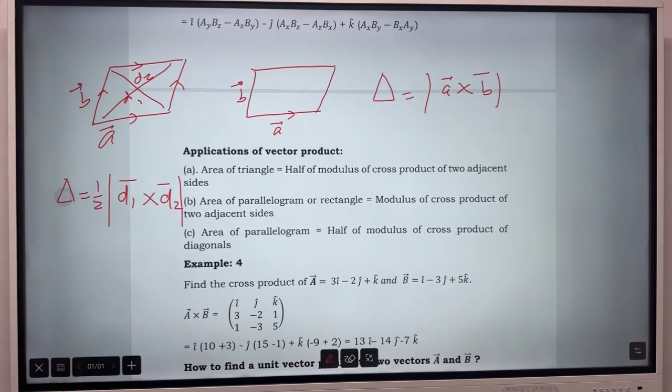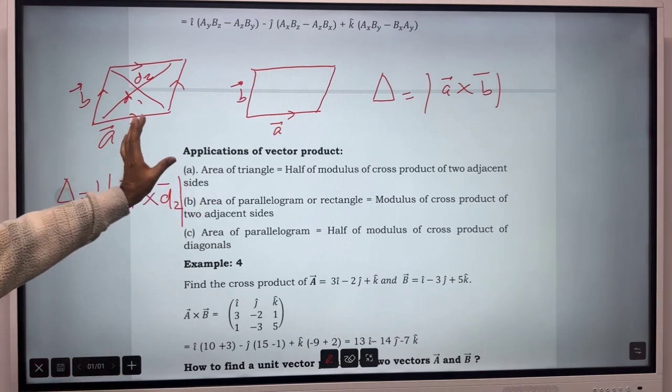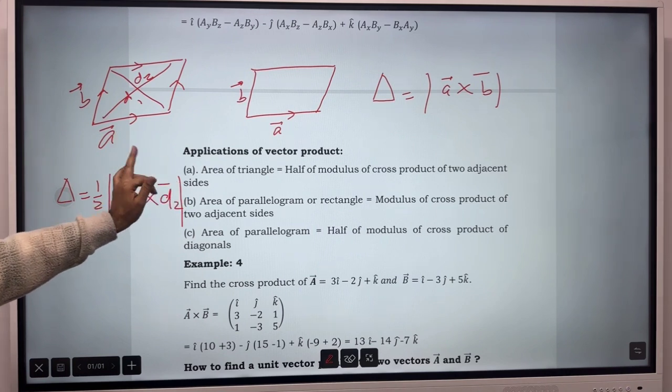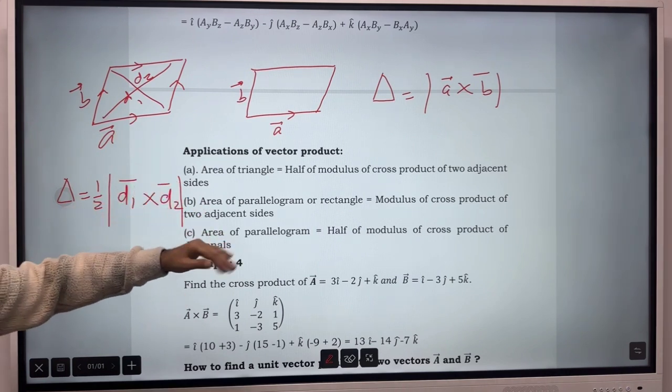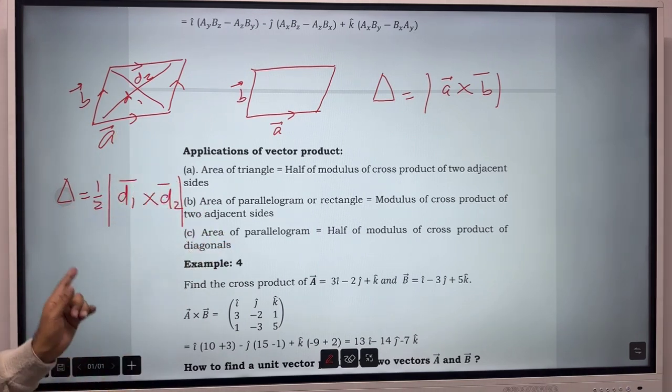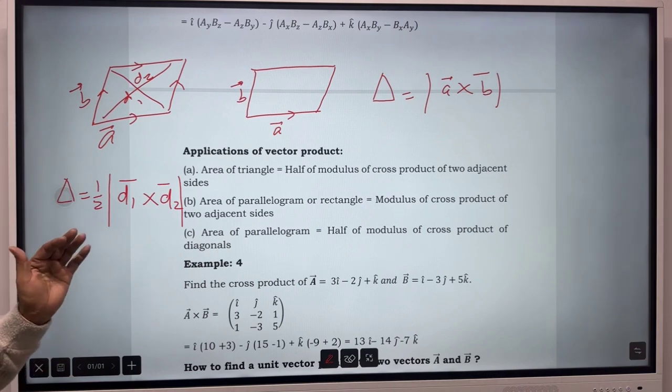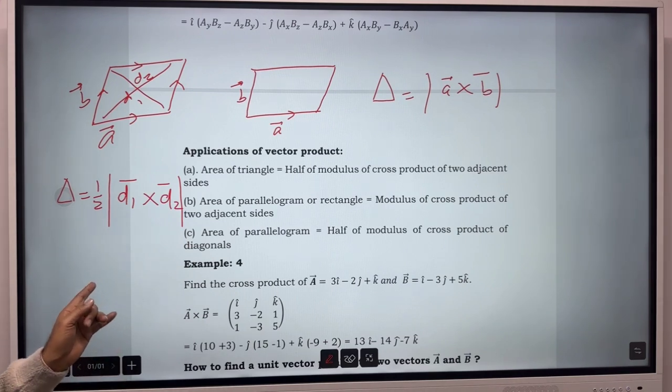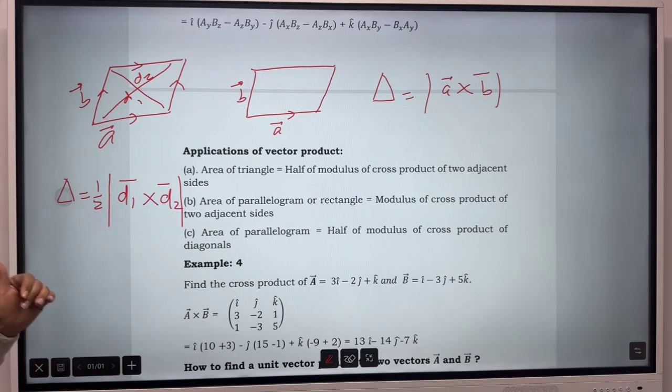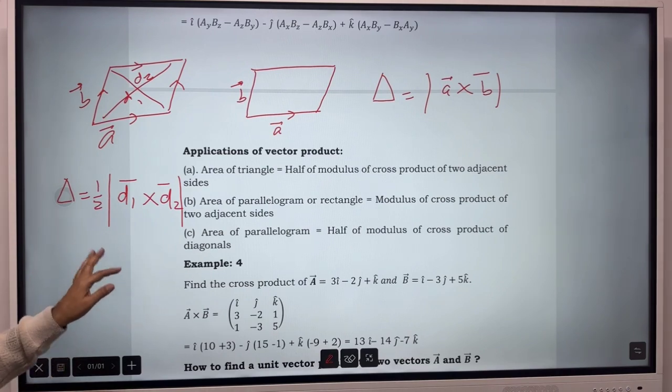So area of a triangle is the magnitude of the cross product of two adjacent sides divided by 2. Area of a parallelogram or rectangle is the magnitude of the cross product of two adjacent sides. And the area of a parallelogram can also be found by finding the cross product of the diagonals, getting its magnitude and dividing it by 2.